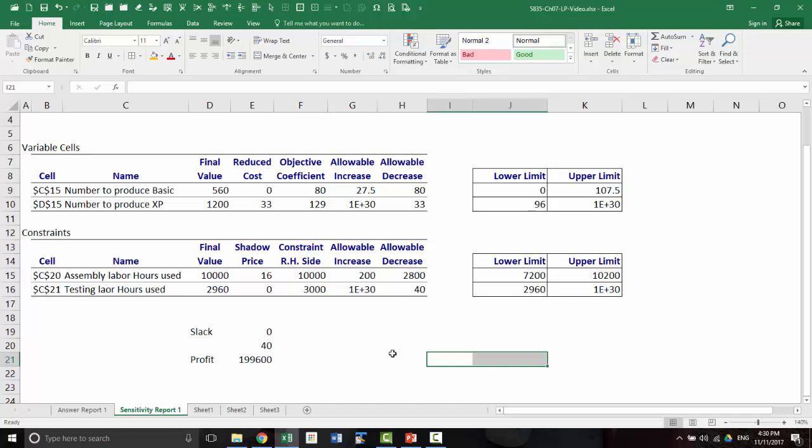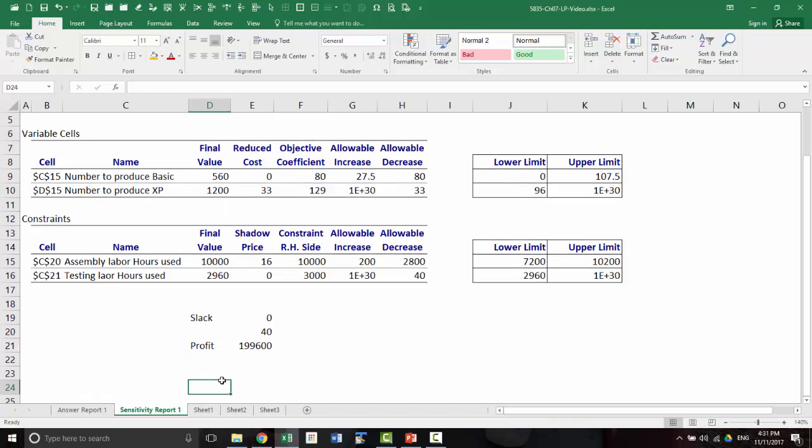Well, the number of units that we produce will be different because now we have more hours, so we're going to produce more of these products. But we can tell that the profit will go up by, if 100 hours are added to assembly, what will happen?